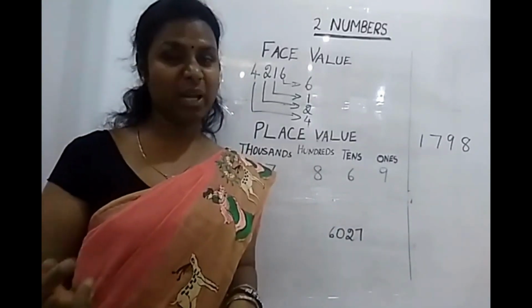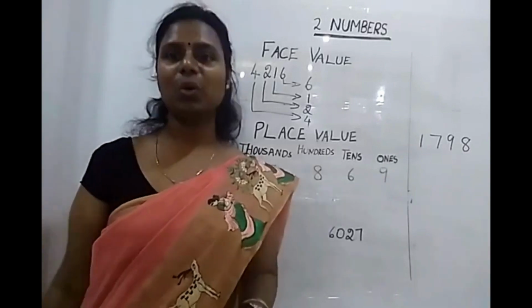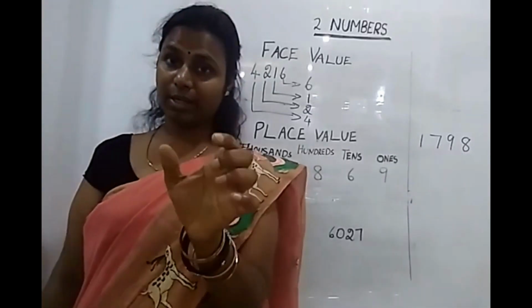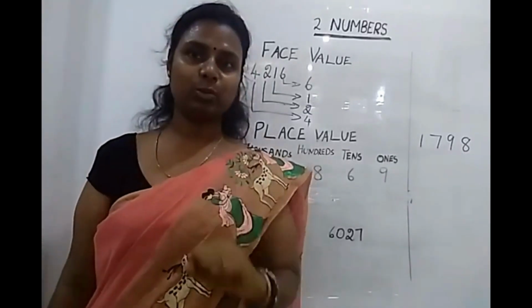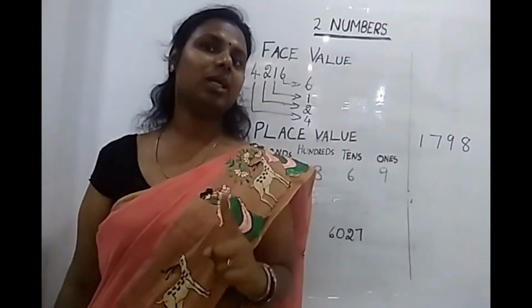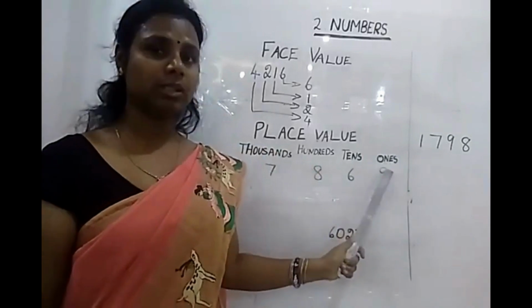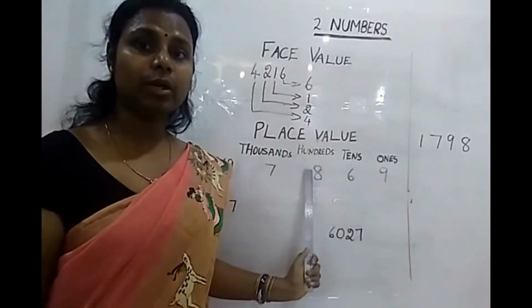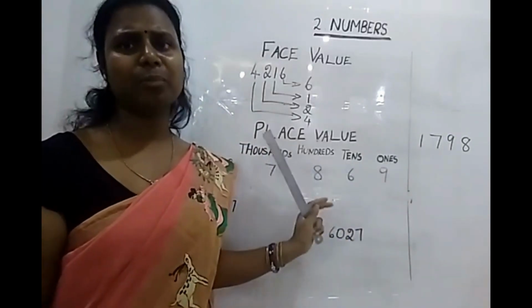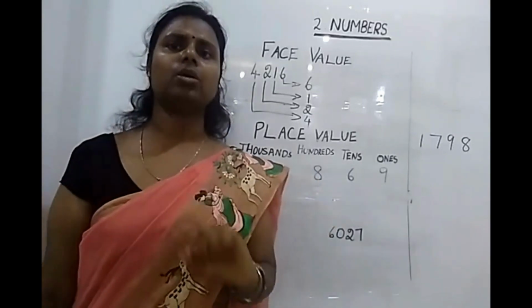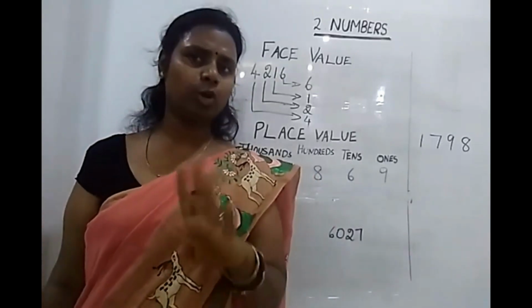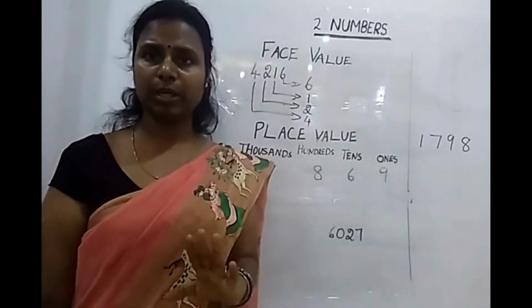Shall we move to place value now? Okay. The word itself, place value. So here we have to think of places. Already you have learned ones, tens, hundreds, thousands. This is the place value chart where we write all the places. You have learned 4 places, so I have written only 4 places.